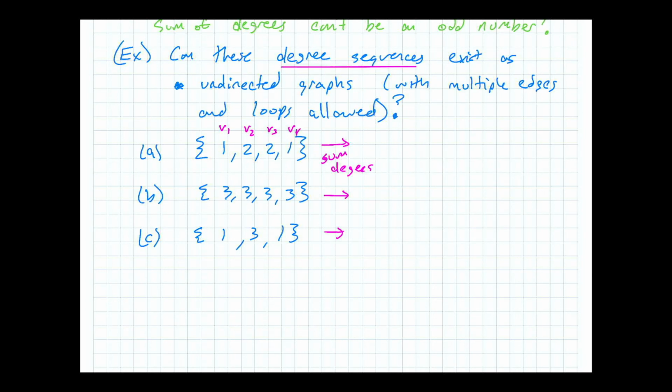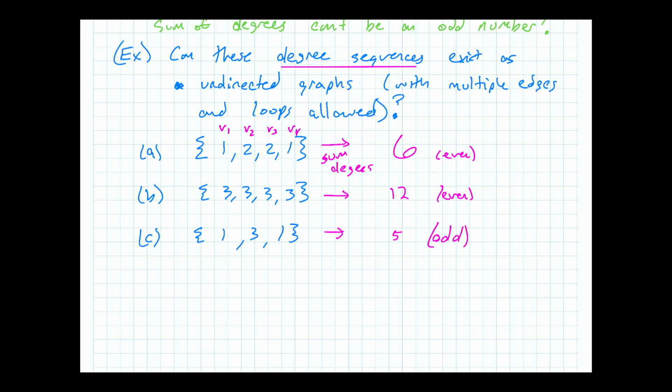So add those numbers up. So 1 plus 2 plus 2 plus 1. Is that 6? It's 6. Okay? Which is, of course, even. And the next one is 3, 3, 3, 3, which I think is 12. So that's even. And the last one is 1, 3, 1, which is 5, which is odd.